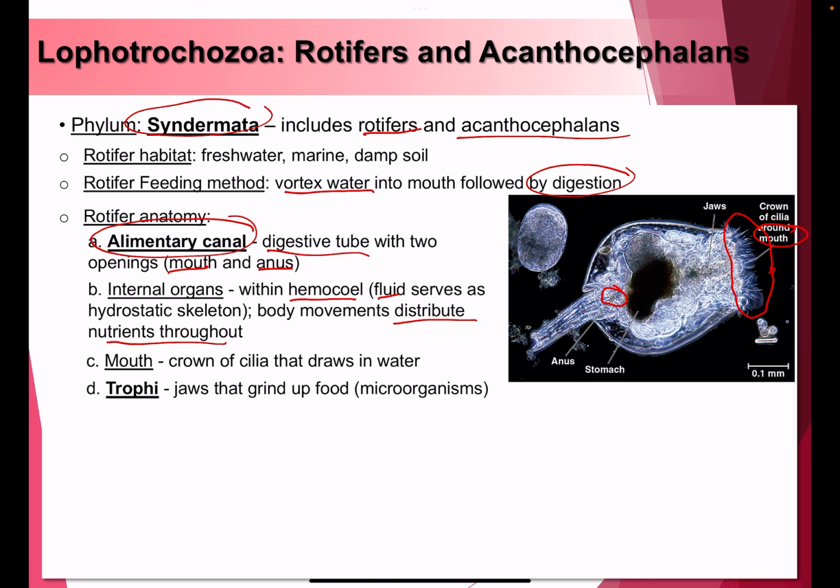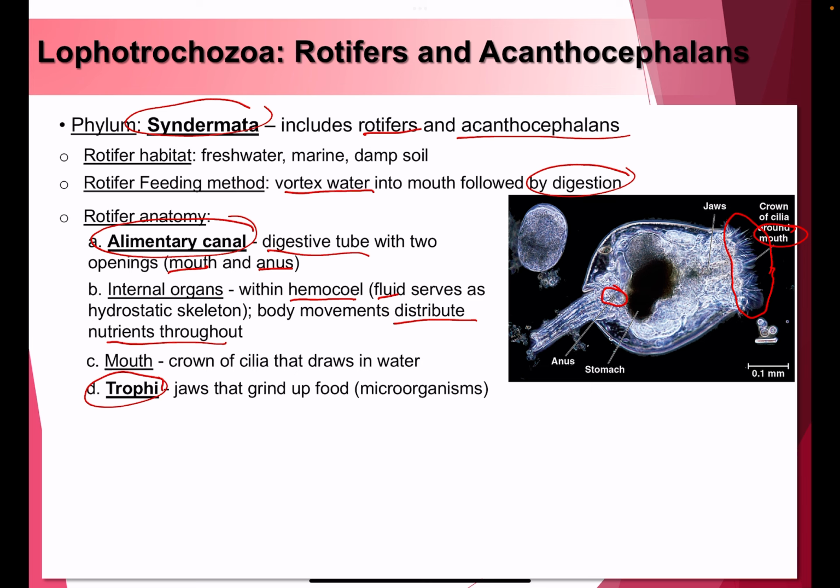I already talked about it, the mouth is located right here, and you see that there are all these little lines sticking out. That's the crown of cilia that we talked about to draw in water from the surroundings, and then it goes through the mouth into what's called the jaws. I know you're like, that doesn't look like a jaw, but they consider this a jaw called the trophi because it does the job of grinding up the food, because that's what jaws are for, to mechanically digest the food by grinding it up.